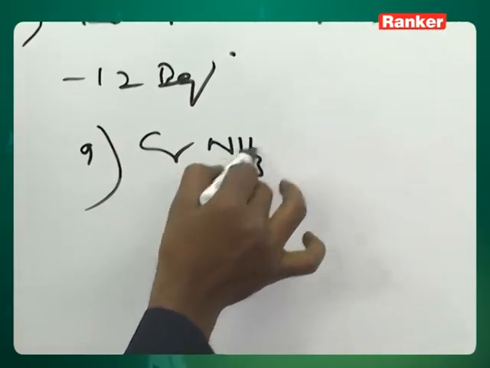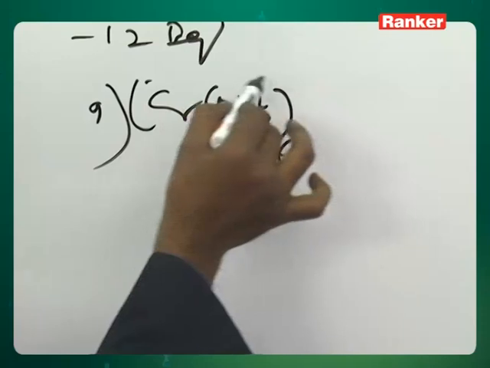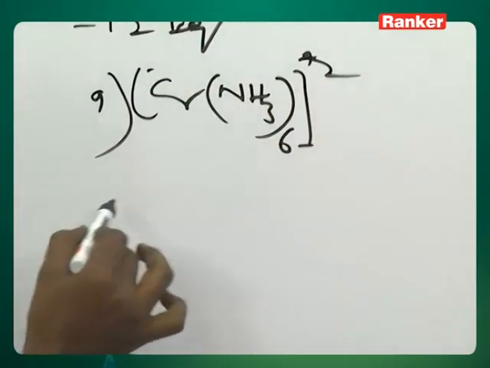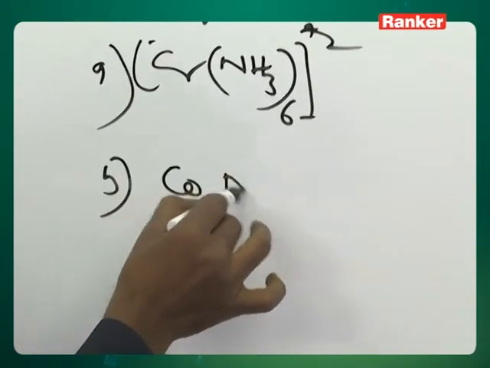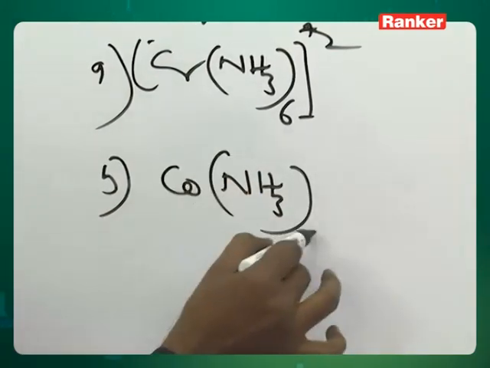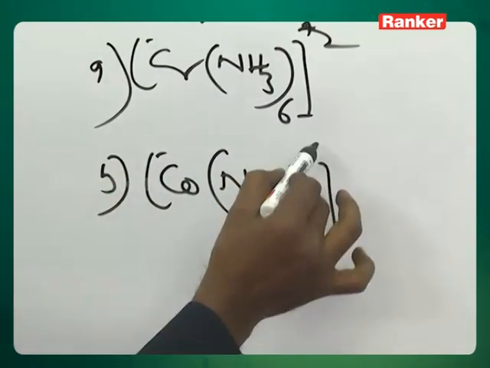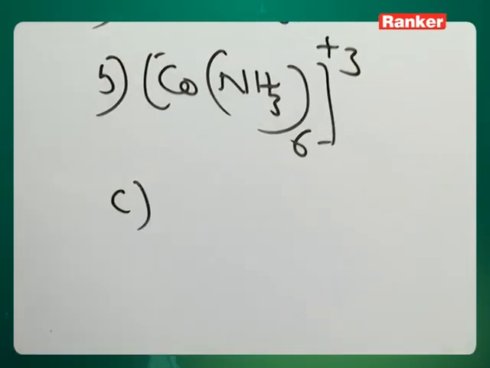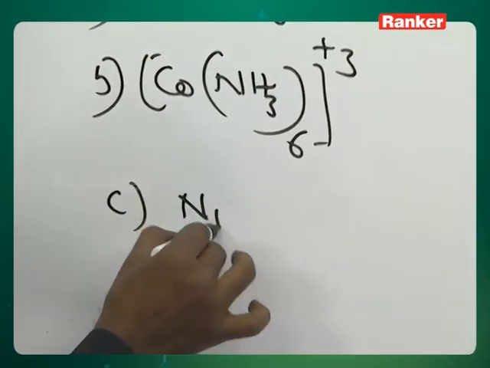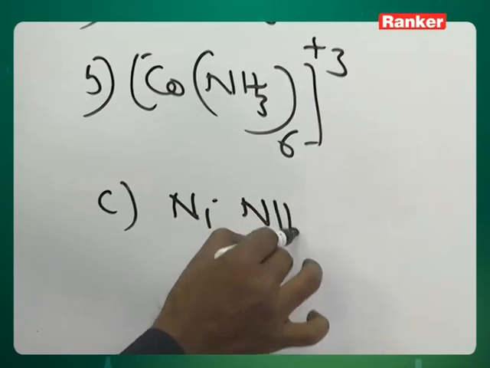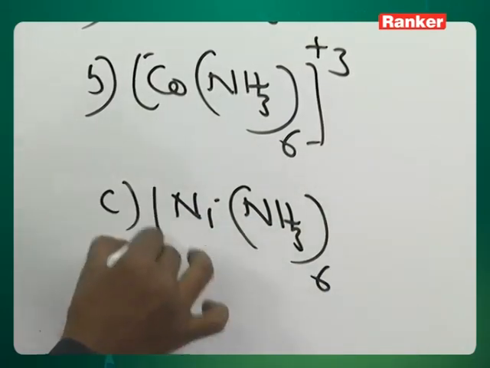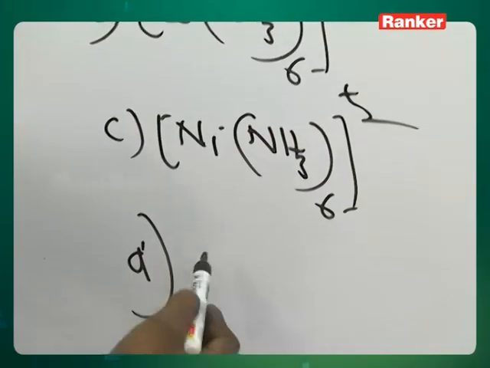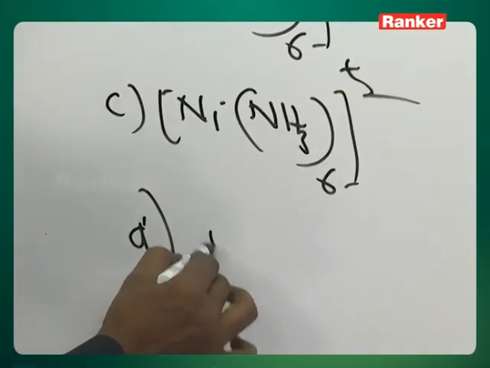Chromium NH3 6 plus 2 complex; cobalt NH3 6 plus 3 complex; next one, nickel NH3 6 plus 2 complex; or none.